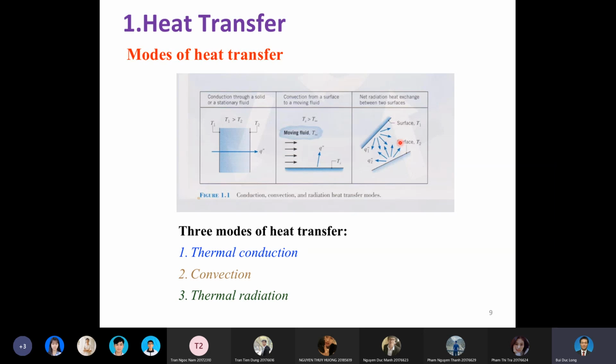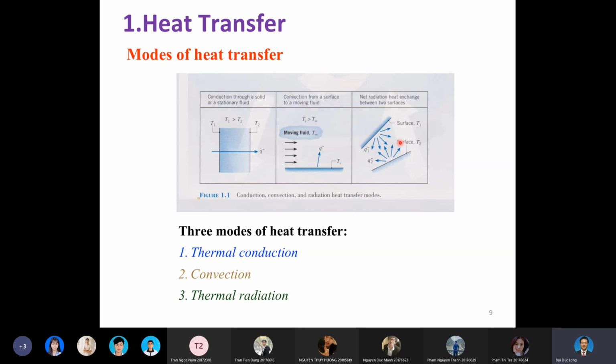This is exactly how our Earth receives heat from the sun, by thermal radiation. You can experience that almost every day. Of course, in winter you cannot experience this, but obviously in summer you can feel it very clearly.